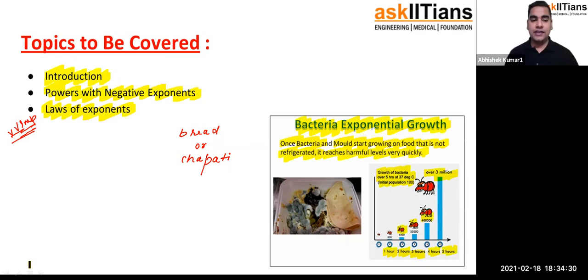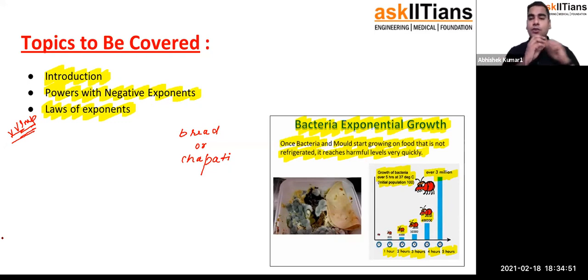Just for the sake of an example, let's say there is a chapati or a piece of bread or any other item left unrefrigerated for some days, and you see two bacteria on that particular piece.